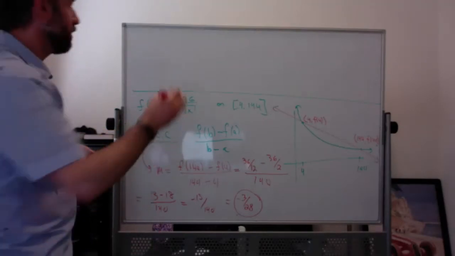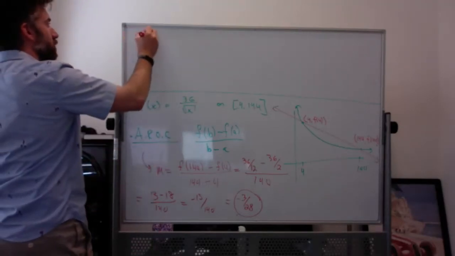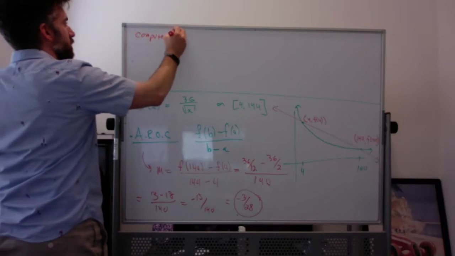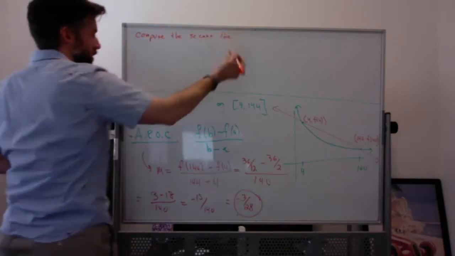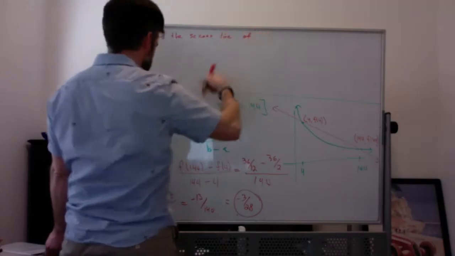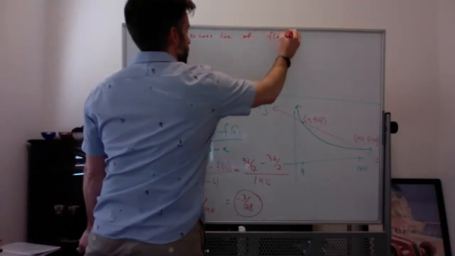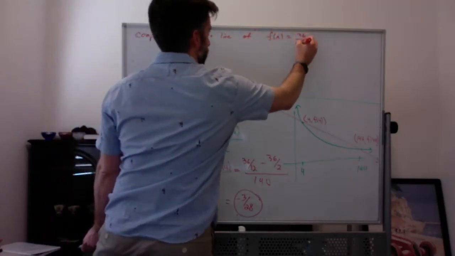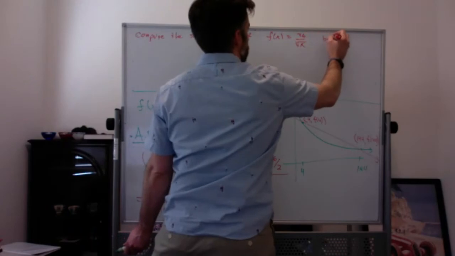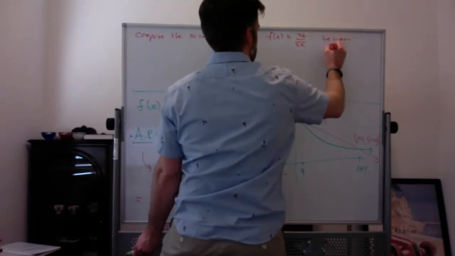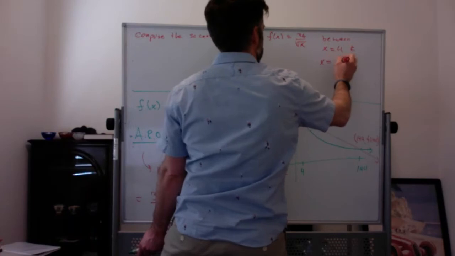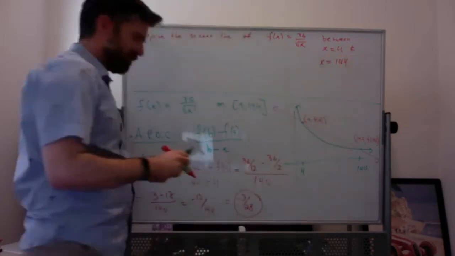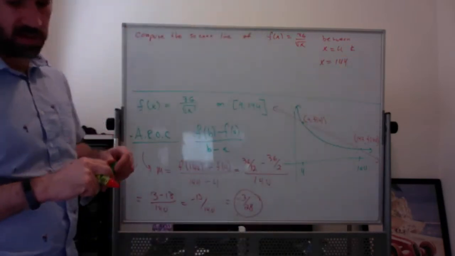Now we're going to compute the secant line of this function, f of x equal to 36 over the square root of x, between x equal to 4 and x equal to 144. But the thing is, we've already done most of the work.